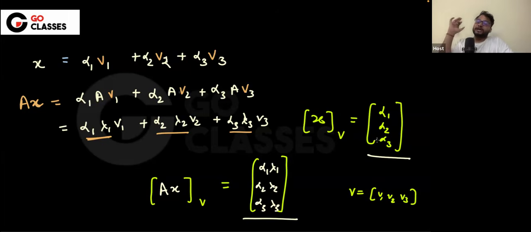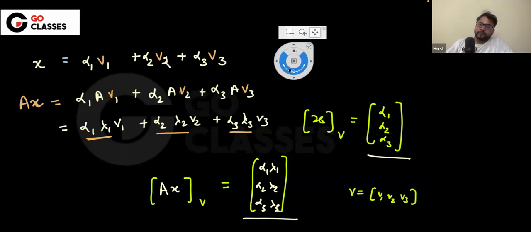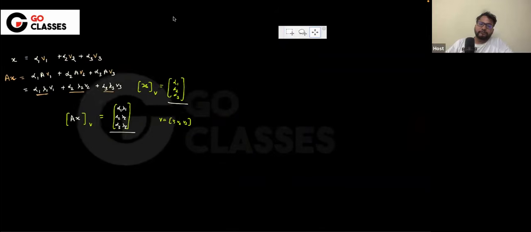If you just change the basis and look at what a matrix is doing in the eigenbasis, then you will be easily able to look at the results. So that's a very important observation. Now you can say what a matrix is doing to any vector.